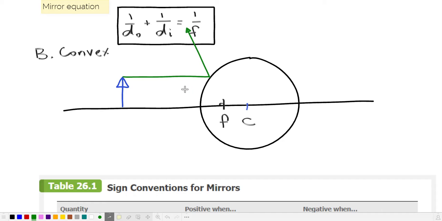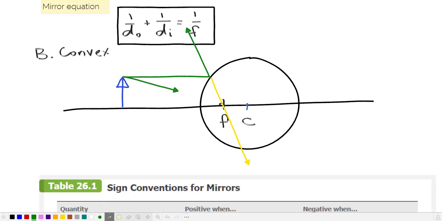When I'm doing my ray tracing diagrams, I follow the rules. I go parallel in, focal point out, which means I know no actual light goes there, but those are my ray tracing rules. Focal point out, and I'm doing it even though no actual light goes there. And then my next one says focal point in, parallel out.